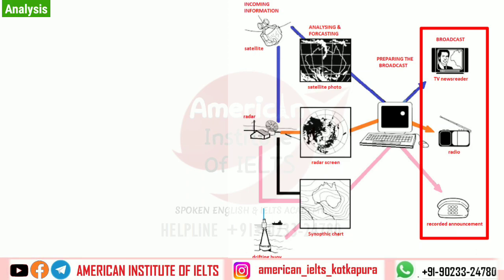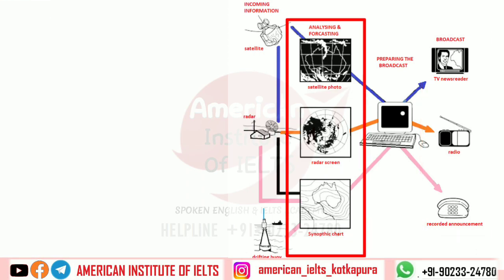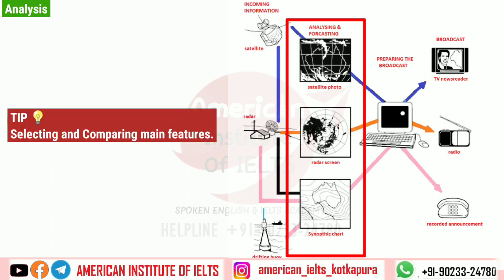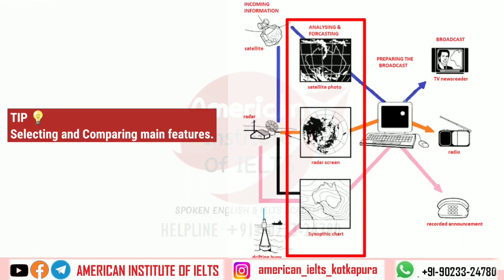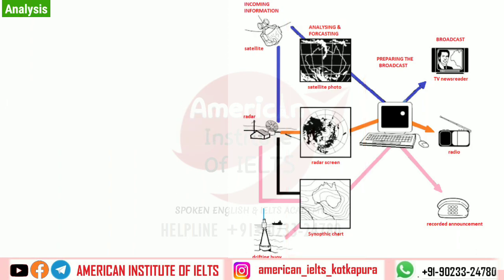And don't forget that while writing this process we'll also have to put that the second stage is the most important stage, which not only analyzes the information but also prepares the reliable forecast for the citizens, which is further fed into the computer.